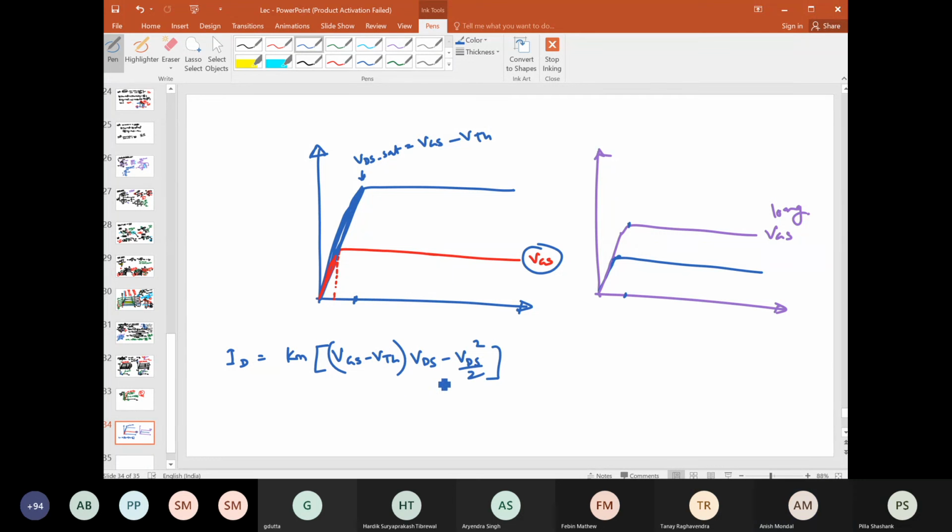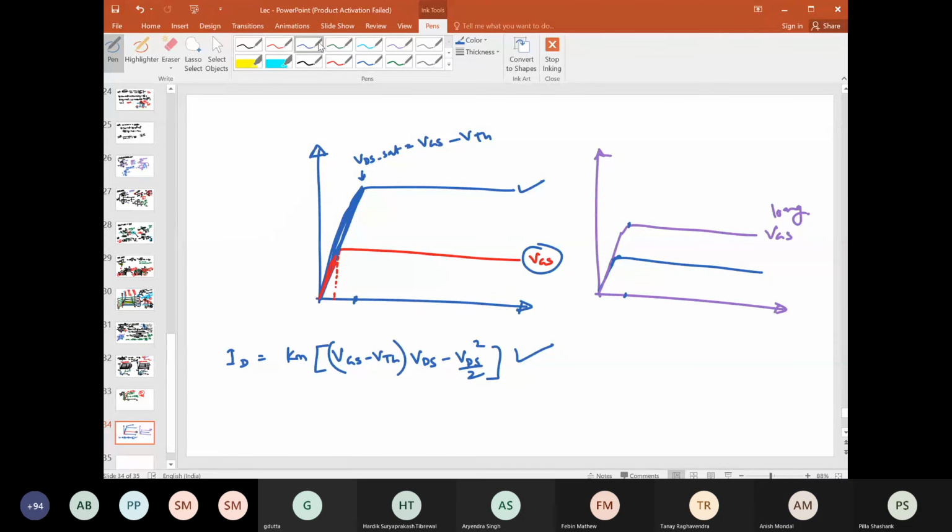Is this right for this transistor or not? Yes, sir. Okay.